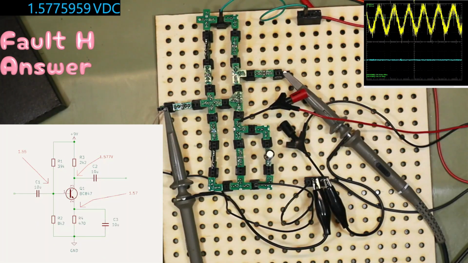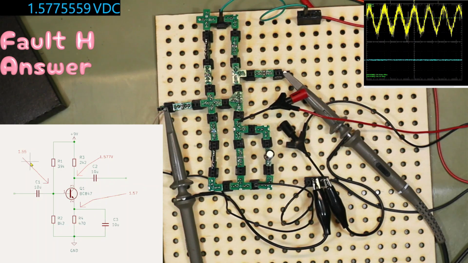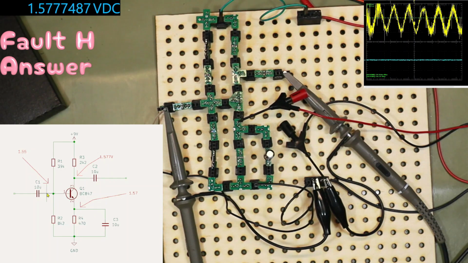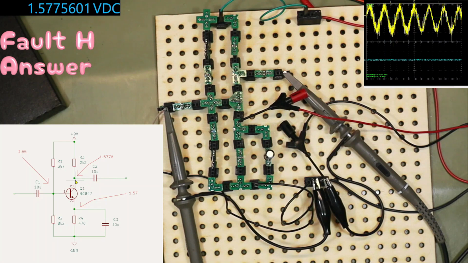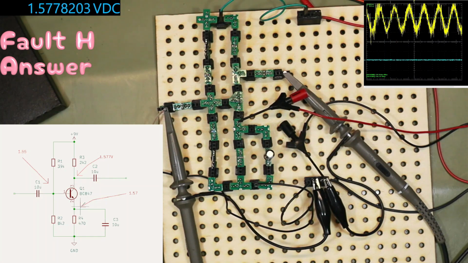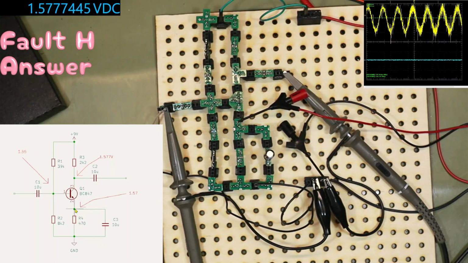So, what does it tell us by looking at these voltages? We have 1.55 on the base, which is not too far away from where you would expect it to be. But we also have 1.577 on the collector, and we have 1.57 on the emitter, and we have no output.